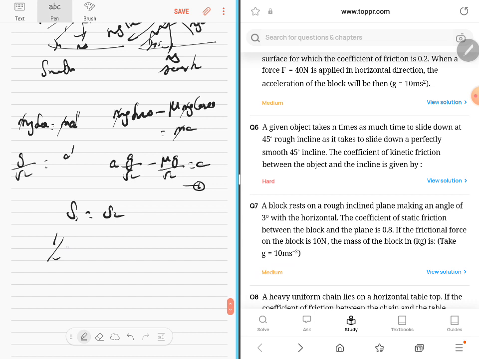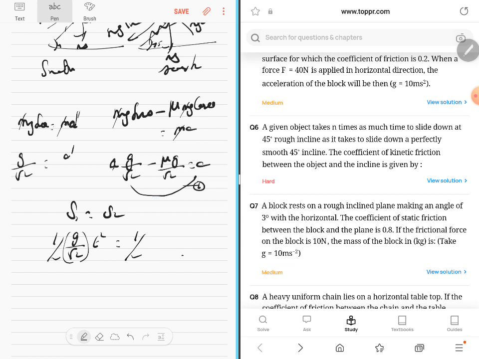So half into a for the left side one, g by root 2, half a t square, time taken, is equal to half into again a for the second one. Oh, did I consolidate a and a dash? What have I written here?